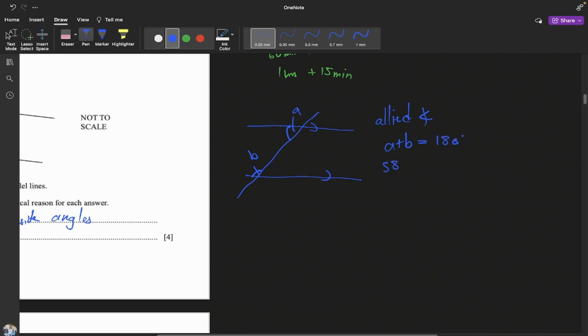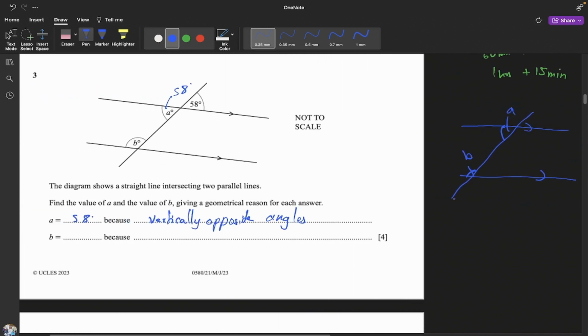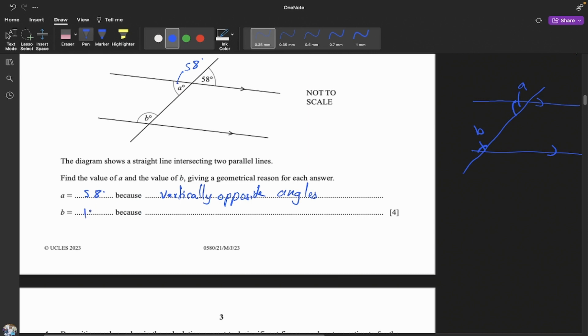Here A's value is 58 and we have to find B, so B is 180 minus 58, which is 122 degrees. So the value of B is 122 degrees. The reason is A and B are allied angles. Okay, next question.